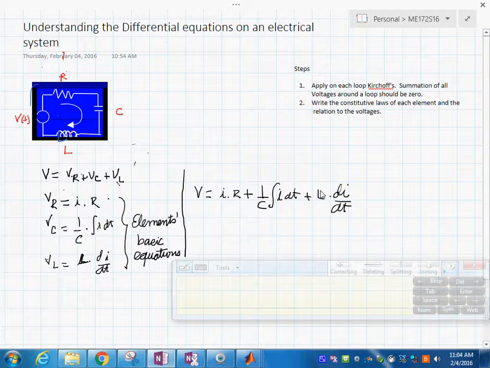If you look at this equation, there might be difficulties in using it in this format. Why is that? The reason is that this equation mixes integration and differentiation.